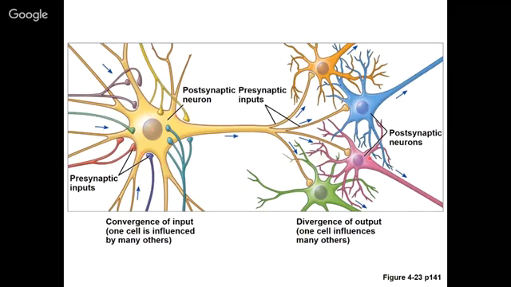And then divergence, which is when we have our neuron here giving off its branching into different axon terminals, right? In this case, 4 are illustrated, but in reality, there can be hundreds, thousands. So it diverges and connects with a whole bunch of other neurons, right?